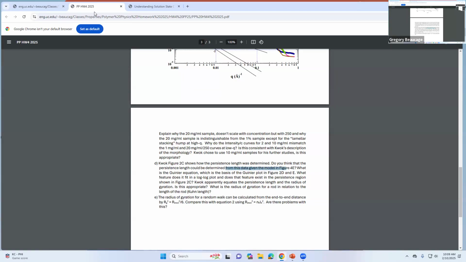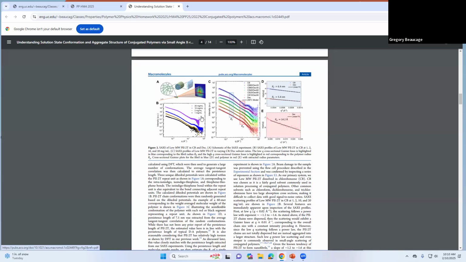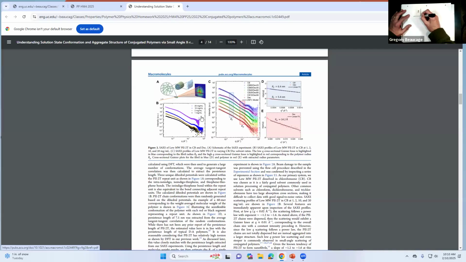All right, so the problem with this data is that, anyway, you have this density versus, say, Q, right?